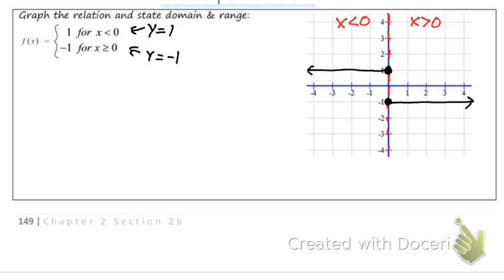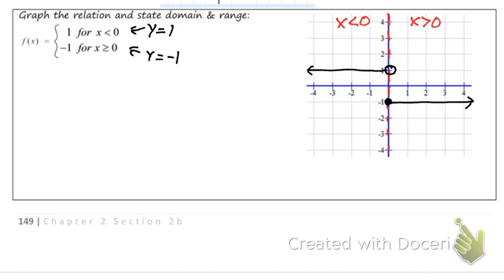So this one has an equal to sign, so this one is going to be where our closed dot is. So I'm going to find my y is -1. That's going to be a closed dot. And if we look at our y equals 0, that one there's no equal to sign, so we're going to put an open dot there. No equal to sign, open dot. Equal to sign means I'm going to do a closed dot.